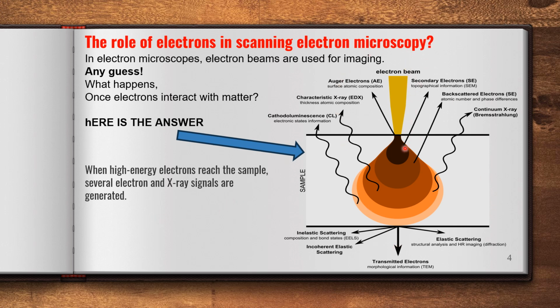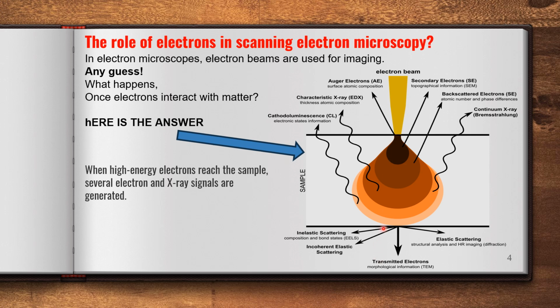Once the electron beam strikes or interacts with the sample, there are several mechanisms involved. For example, here the Auger electrons are released once it interacts with the topmost layer, and secondary electrons, backscattered electrons, X-rays and cathodoluminescence rays can be released above, from the reflection point of view.